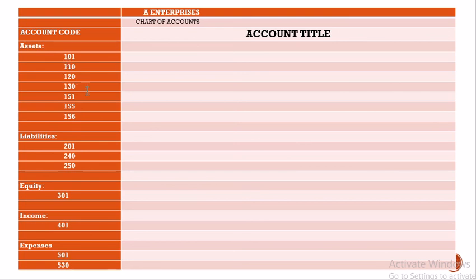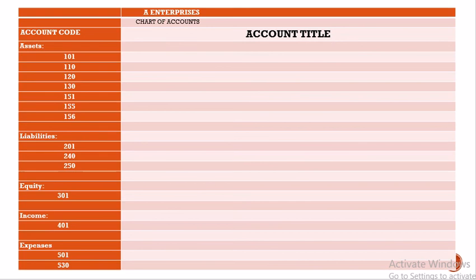Assets, 101, 110, 120, 130, 151, 155, 156. Ginagamit ito upang pag mag-journal na tayo, mag-entry na tayo sa journal at saka sa ledger, madali na lang itong mahahanap. Hindi na yung sa account title pa. Mas mabilis pag yung account code. So, ano yung ilalagay natin dito sa 101?